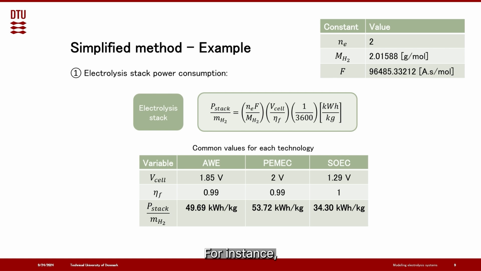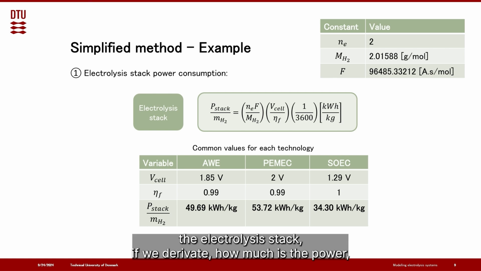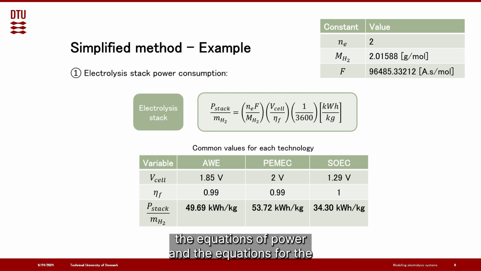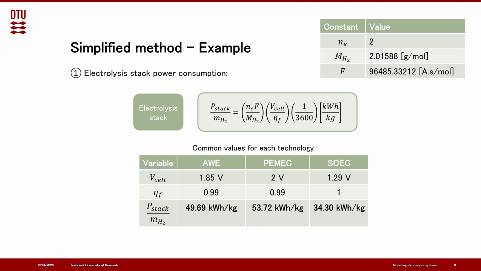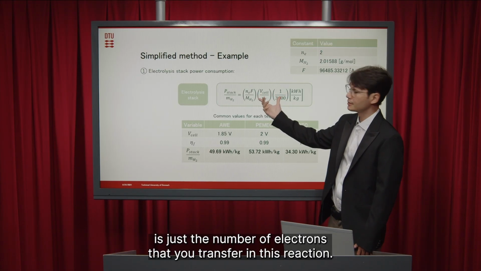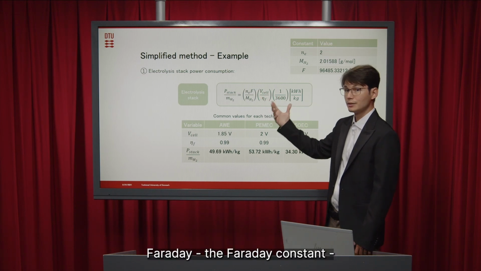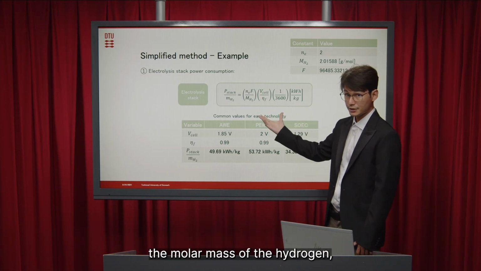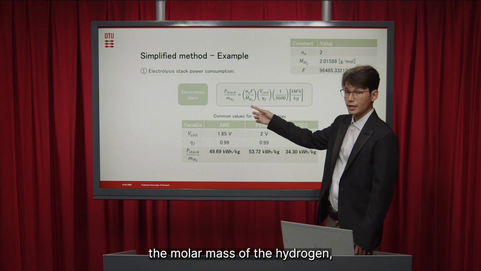For instance, for the electrolysis stack, if we derive the equations of power and the equations for the hydrogen production, we can come up with this simple equation here, which looks like it has a lot of terms, but actually it has just the number of electrons transferred in this reaction, the Faraday constant, and the molar mass of the hydrogen.